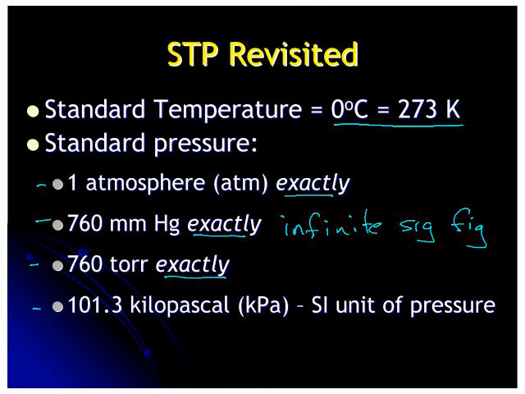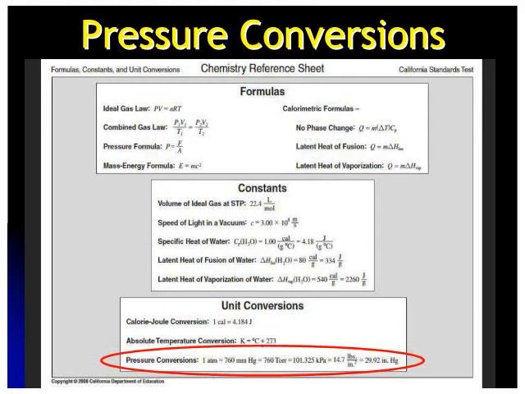You'll see in just a moment, this one actually has more numbers after it, but the way we typically use it is 4 sig figs. If you take a look at the periodic table again, we're really starting to use a lot of the stuff on the back side this semester. On the very last line are all your pressure conversions: 1 atmosphere, 760 millimeters of mercury, 760 torrs, 101.325 kilopascals.